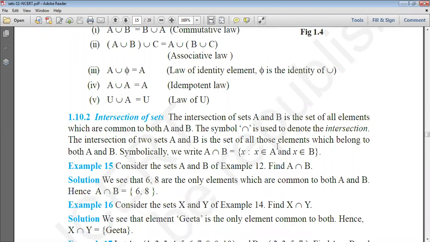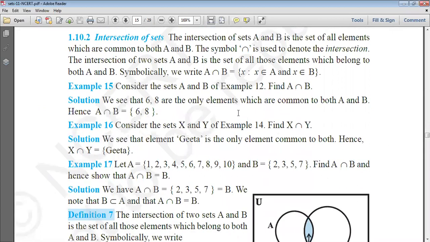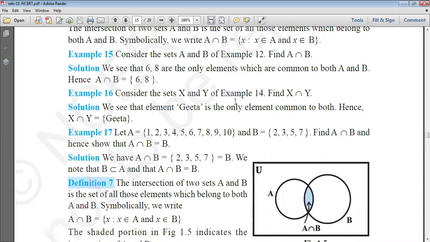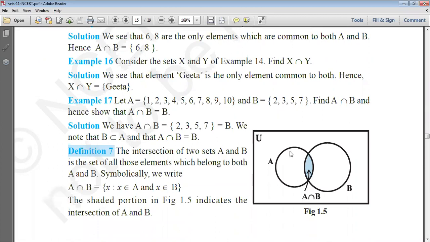Another operation is intersection. The first was the union of two sets, and the next is the intersection of two sets. Intersection means common. See this figure: U is the universal set, this rectangle, A is this circle and B is this circle.